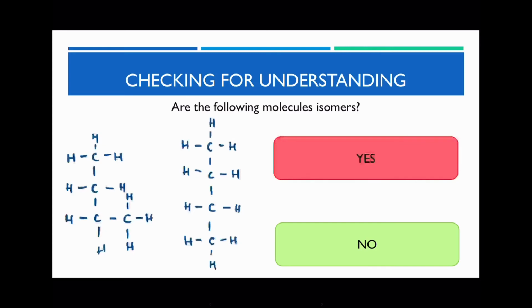Very last one. In this case, identify whether the following molecules are considered to be isomers of each other. If you answer this correctly, the answer is going to be no. The reason why this is no is that although they have the exact same chemical formula, this pair of molecules are considered to be identical.